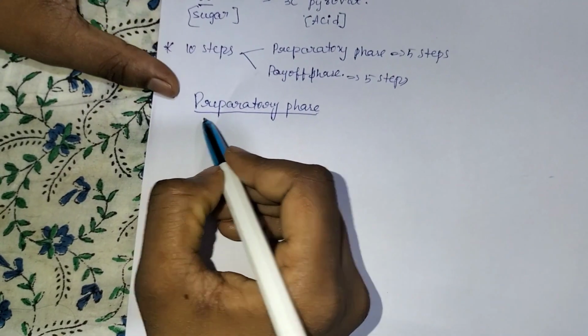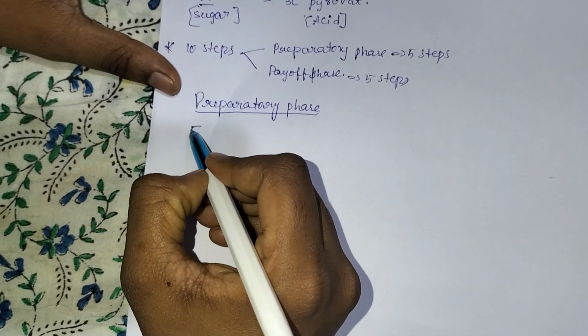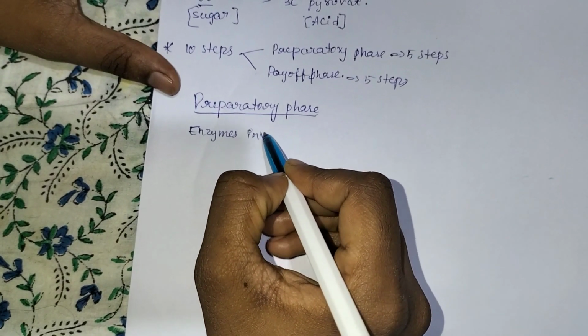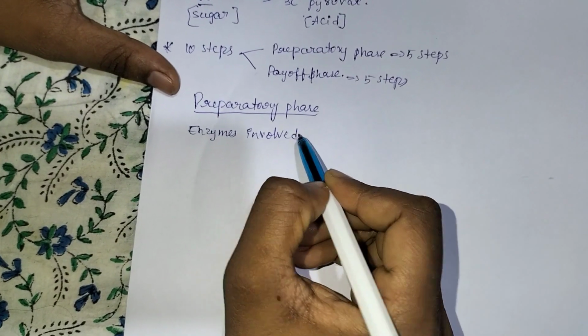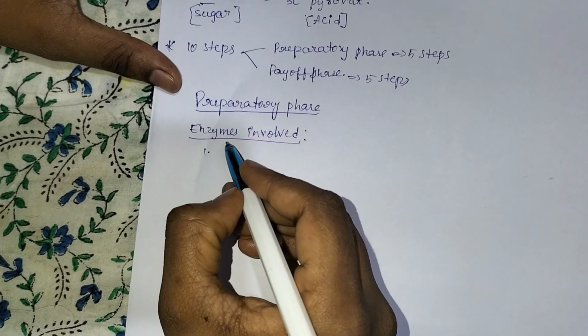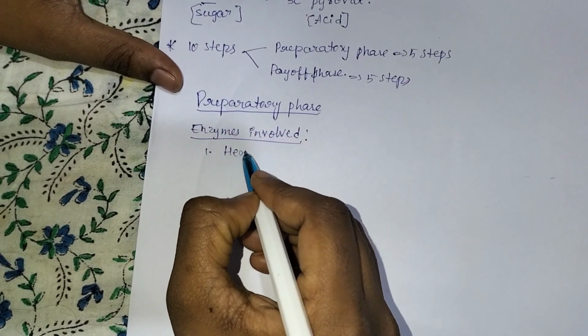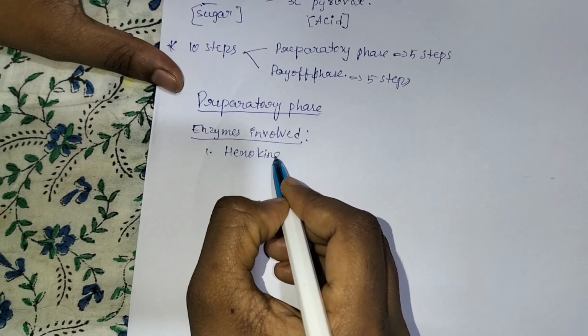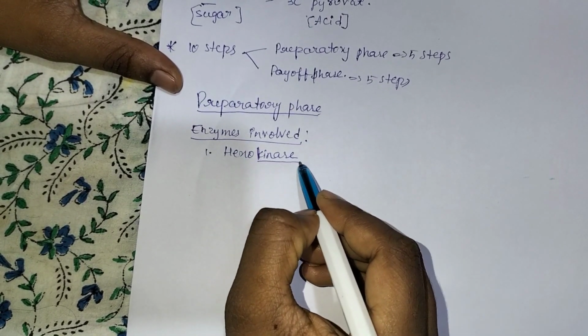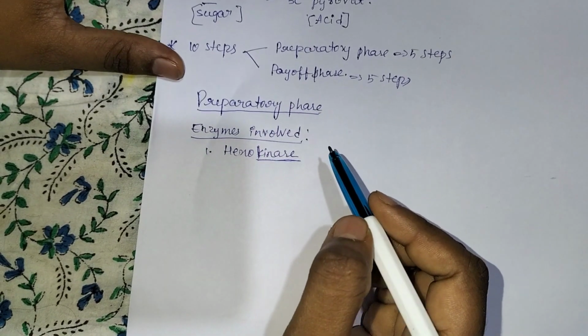First of all we'll learn what are the enzymes involved in the preparatory phase. If you first know about the enzymes, it will be easy to understand the steps. The first enzyme involved here is hexokinase. Remember one thing: wherever kinase is found, it means there is addition of phosphate.